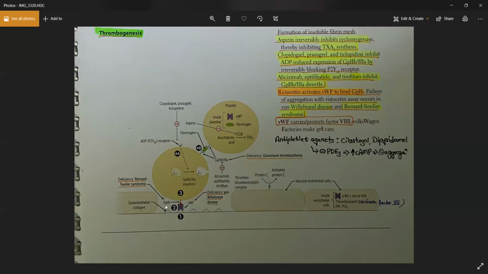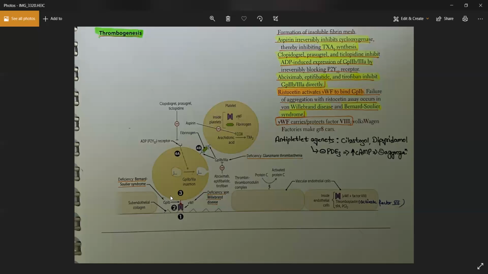Because the plasma contains the von Willebrand factor, if you give the patient plasma and the aggregation happens, that means the patient was deficient of von Willebrand factor. But if even after giving the patient plasma the aggregation does not happen, that means the defect is in the platelets, not in the plasma or the protein. The von Willebrand factor will be absolutely normal, and the defect will be in the platelet itself. Is that okay?